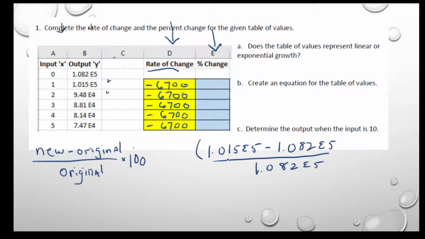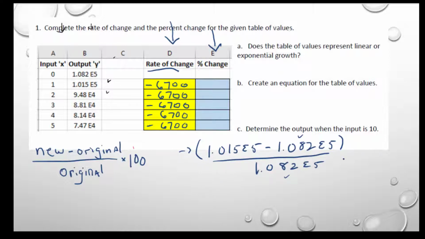And so you want to put this in parentheses. If you don't put it in parentheses, if you just put it in your calculator, it's going to divide 1.082 by 1.082, and you're going to get 1.015 times 10 to the fifth minus 1. So that's why these parentheses are really important.